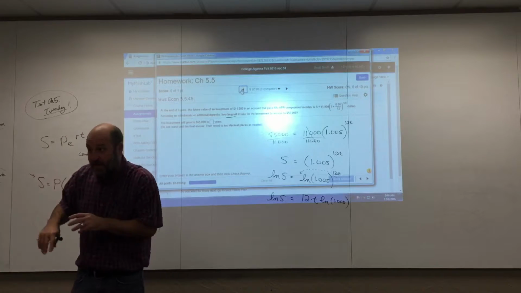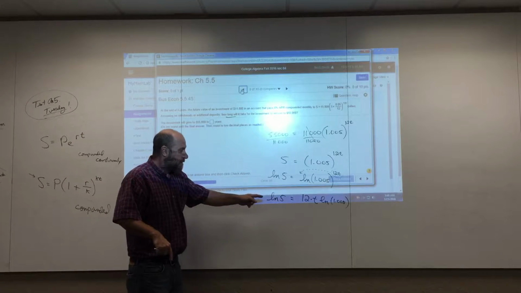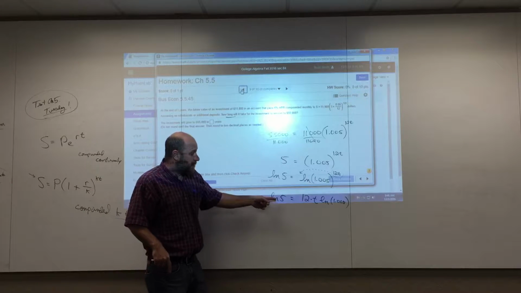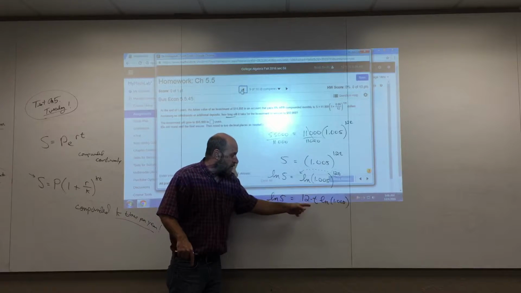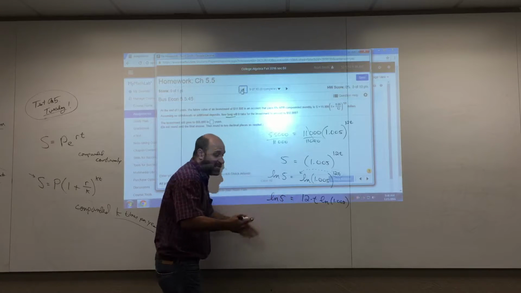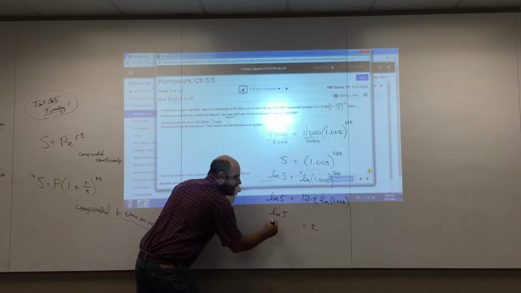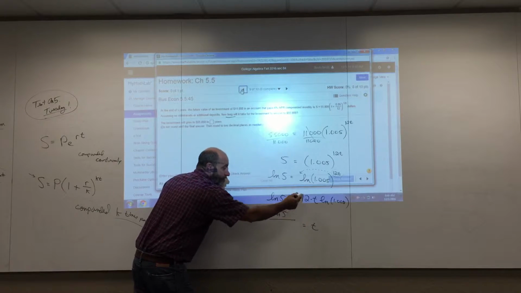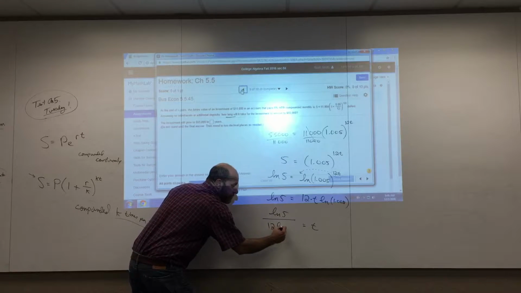I always pick up my calculator last, so I'm not doing any calculator work until the end. By the way, that's just a number. It equals 12 times t times that number. So to solve for t, I want to divide by 12 and I want to divide by that number. So t is this natural log of 5 divided by the 12 and the ln of 1.005.